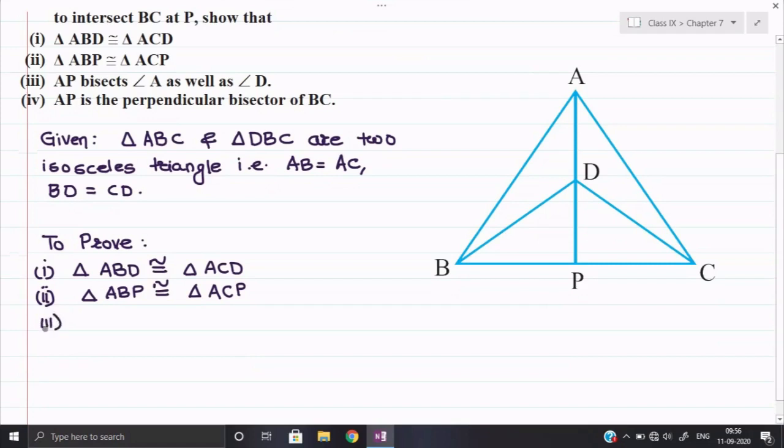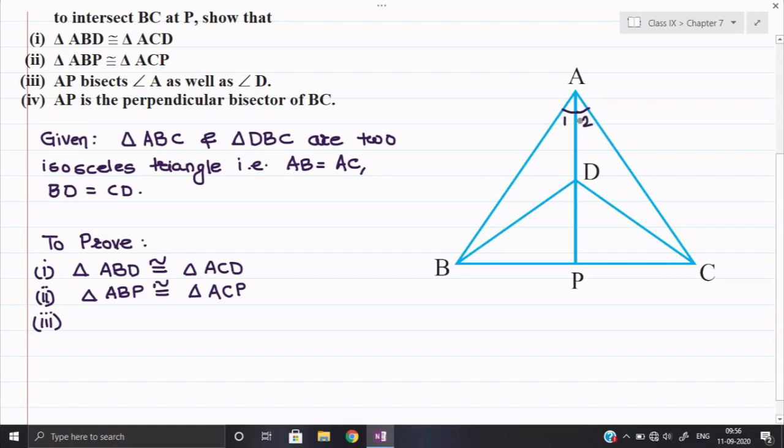Now this one we shall write in a little different manner, in our own terms, what exactly we need. Observe, if AP is bisecting angle A, it is dividing angle A into two equal parts. This is the complete angle A. If I divide angle A into two equal parts, this part is one part and this part is the other part.